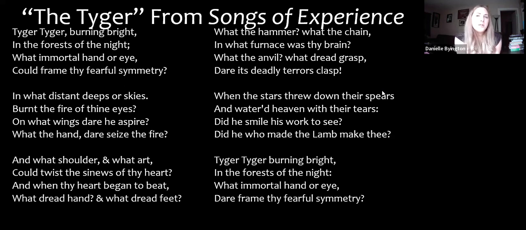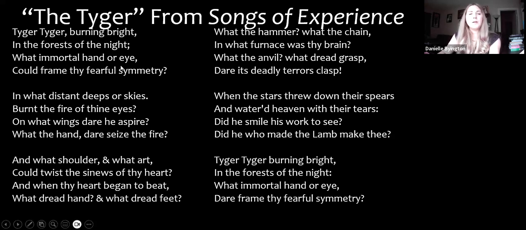They have to put it in the fire, the furnace was thy brain, and then they keep hitting it with the hammer. They beat it with the hammer until it reaches that perfection, or it's a step away from perfection, and they go on to finish the process. So it's like it has been crafted as if a weapon.